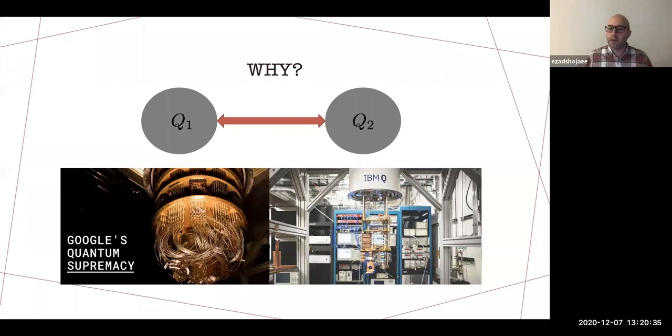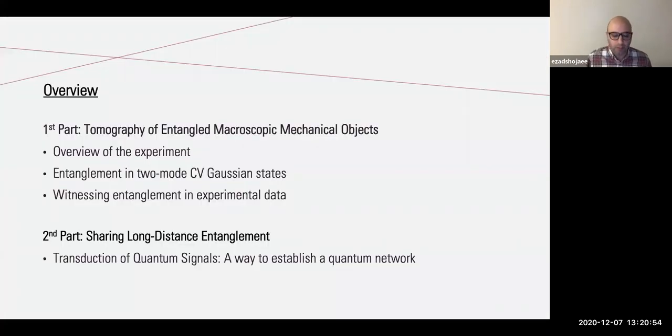Then you want to extend the range of your network and connect them when they are farther, when they are in different labs, kilometers away. And what do we need to establish such a fragile correlation between these two quantum machines? That is going to be the subject of the second part of my talk. So this would be the overview of my talk.